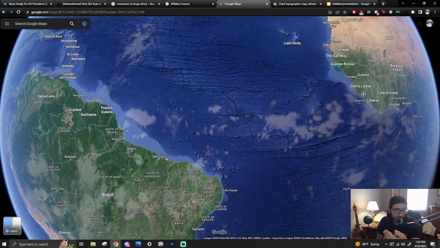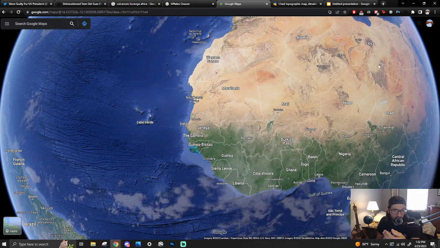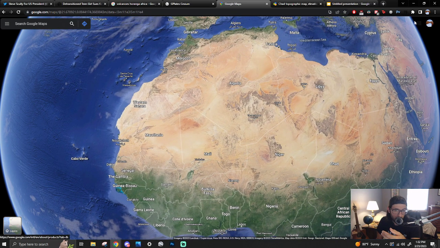There are currents coming from South America into Africa, but then there are currents coming from over here into northern Africa. So where they're interacting was maybe along this path, right through here.